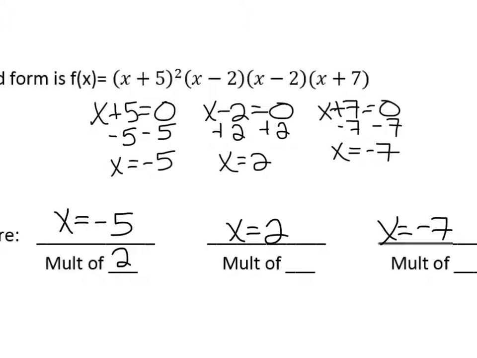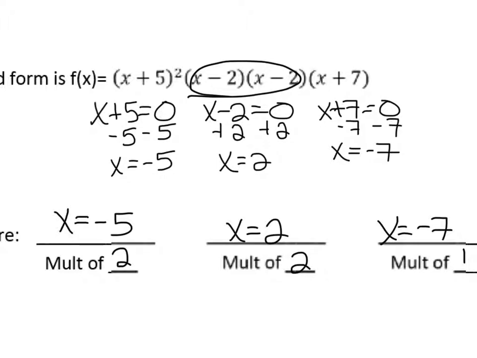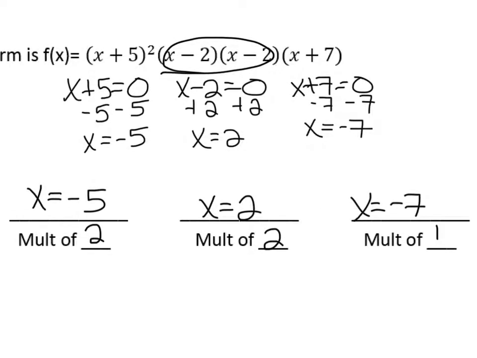X minus 2, the parenthesis was written 2 times, so that means it has a multiplicity of 2. Only one of those parentheses would have given you a negative 7, so it has a multiplicity of 1. So here are your 3 zeros along with their multiplicities.